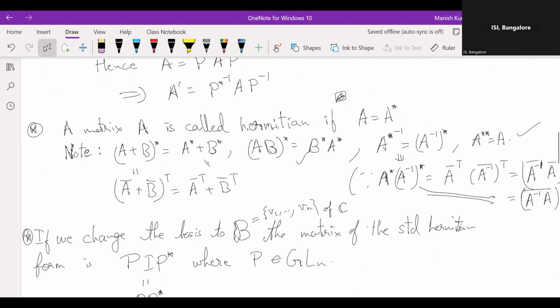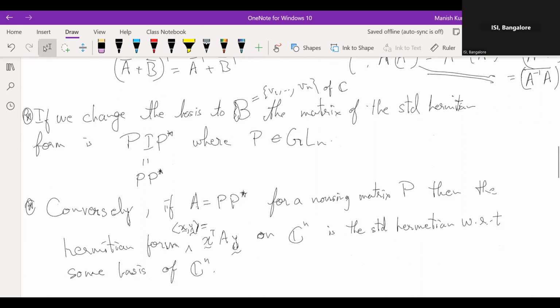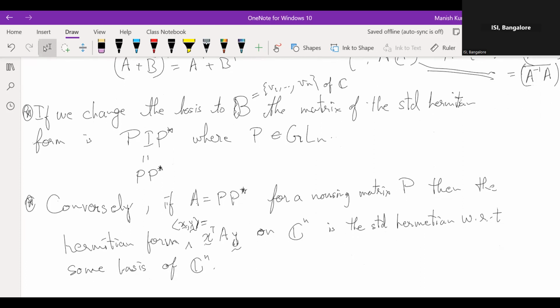If we take the standard Hermitian form with respect to the standard basis, it is the identity. If we change to some other basis, it will be P star. Similarly, if A is P star P and you have a Hermitian form given by this, then if you change the basis by this P inverse map, it will be the standard Hermitian form with respect to this new basis.